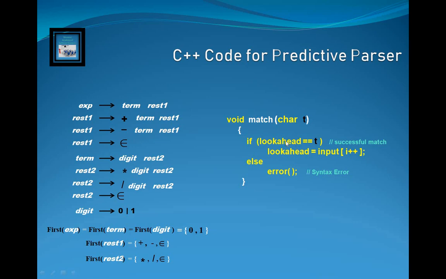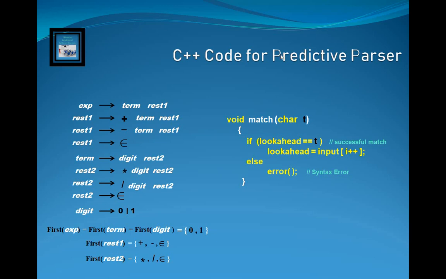If lookahead is equal to the token t, which is the input of this function, then in the successful matching case the lookahead will go to the next token. Or in case both tokens do not match, then we will report syntax error.